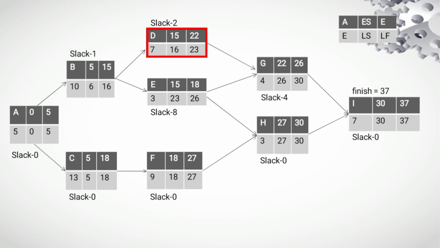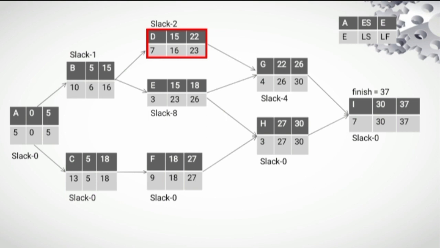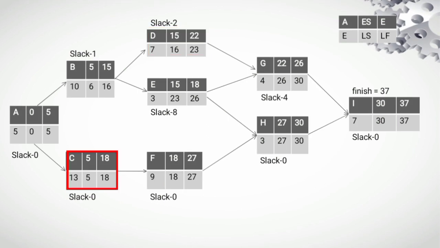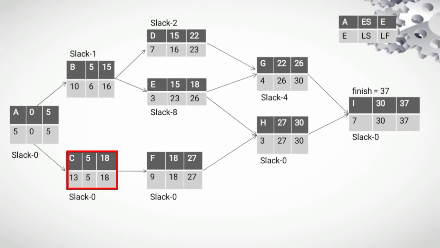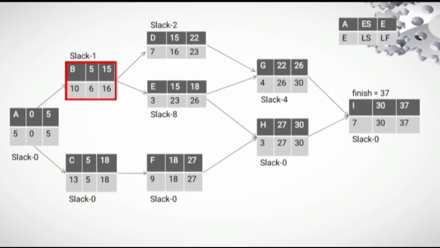D has two successors also, which are G and E. Their LS times are 26 and 23. As we know, the minimum LS time must be the LF of the predecessor, so it means 23 minus 7 equals 16 as the LS of activity D. C has one successor, F, so it means 18 minus 13 equals 5. LS time of activity C.